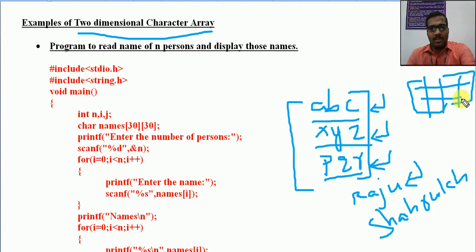We cannot predict that the character array will always have the same number of columns, but we can predict the maximum number of rows. I can say that in a class 60 students can be permitted, but we cannot say the number of columns, the characters, will be the same when using a two-dimensional character array.